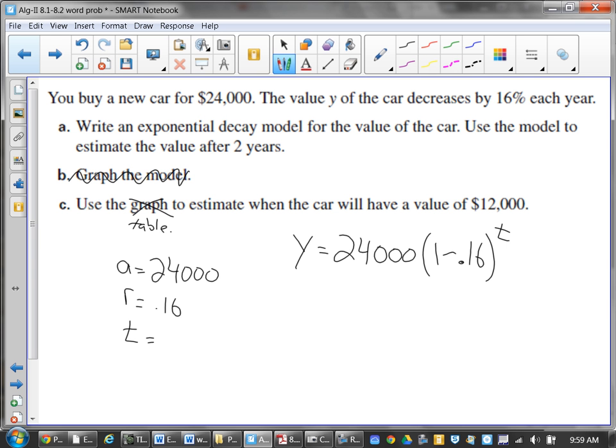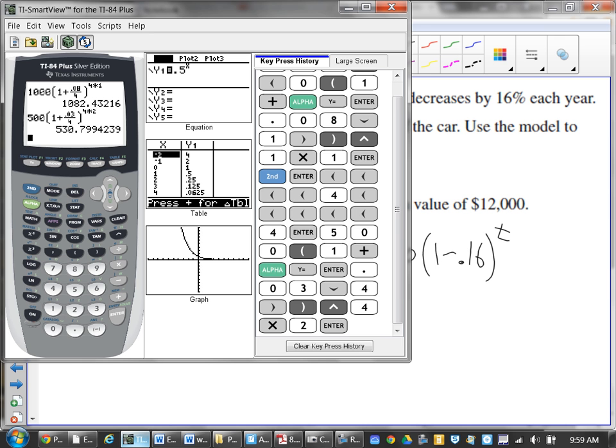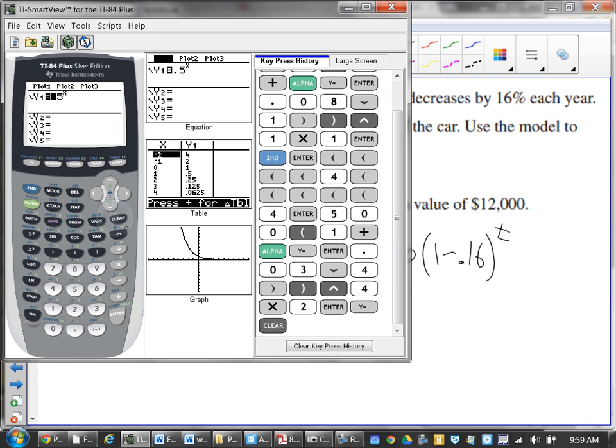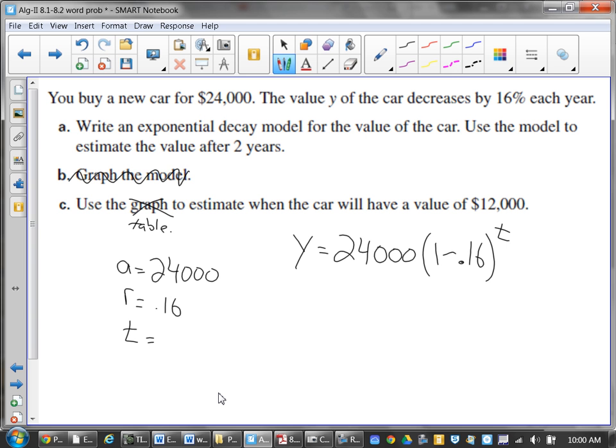We want to see what the value of the car is going to be worth after 2 years. I'm going to go right to the y equals part of my calculator, instead of just putting the answer in, because I could set that up and look at my table for all the different t values of years.